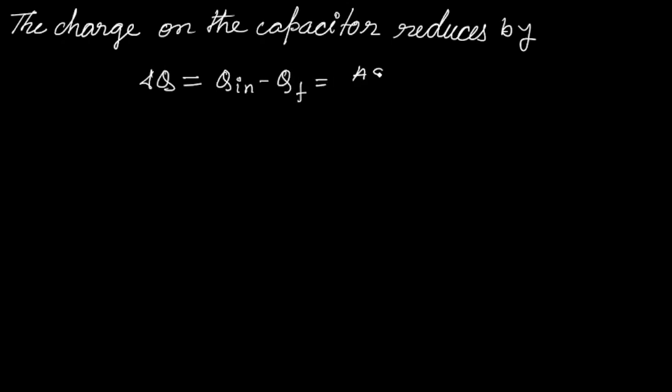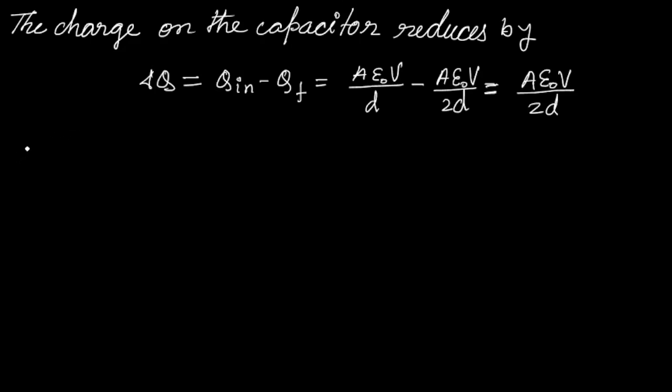Q initial was A epsilon naught V divided by D. Q final is A epsilon naught V divided by 2D. So the amount of charge reduced on the capacitor will be A epsilon naught V divided by 2D. This amount of charge is reduced when the plate separation of the capacitor is increased from D to 2D.